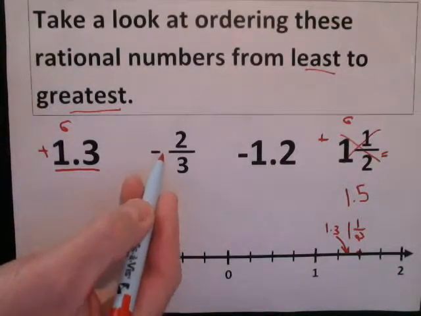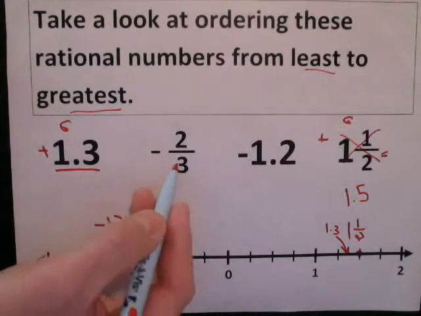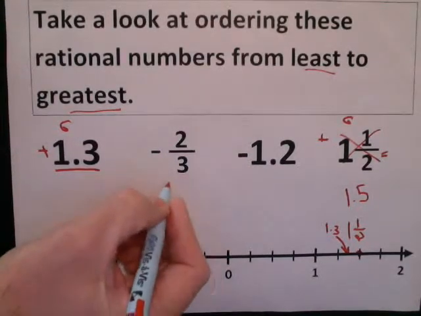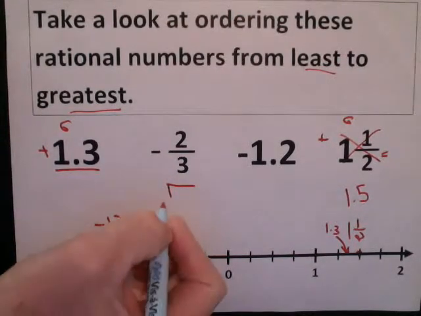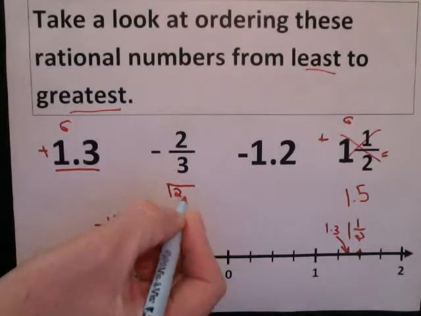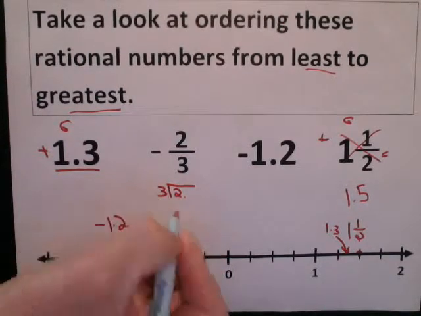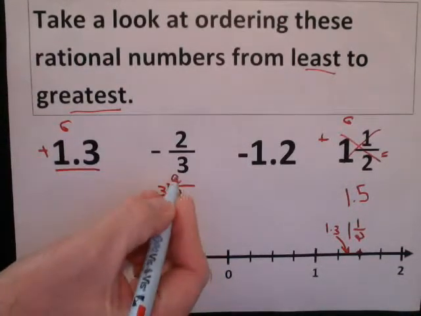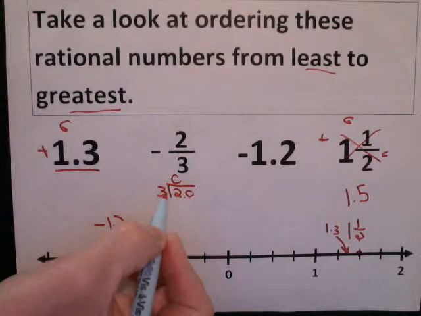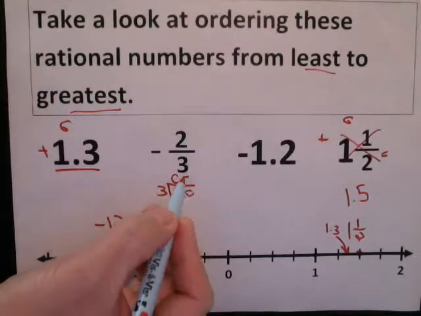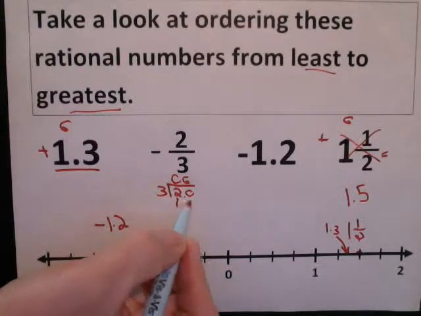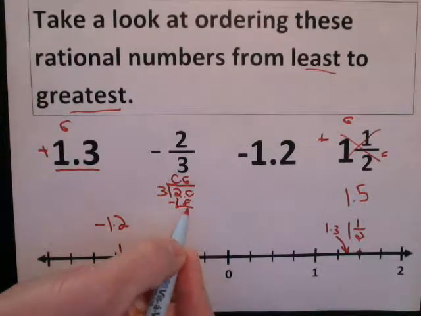But now we want to convert this into a decimal. Well, if we do that, we would have to divide 2 divided by 3. And 3 won't go into 2, so we would put a 0 up there and annex a 0. And 3 will go into 20 a total of 6 times. So 6 times 3 is 18. And if we subtract, we get 2.